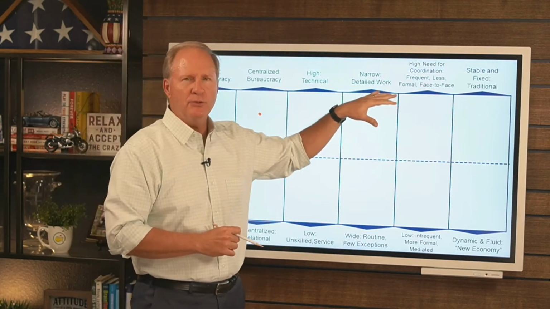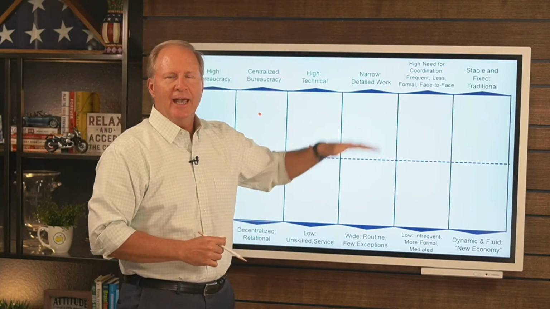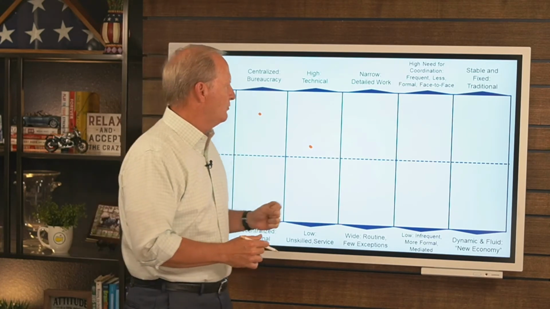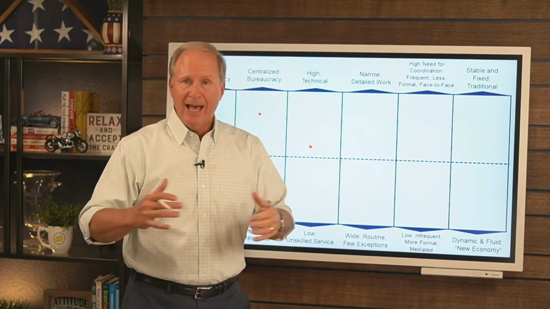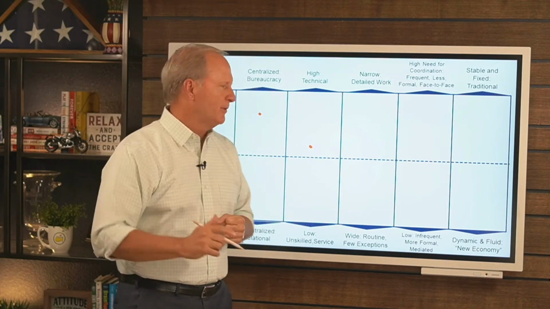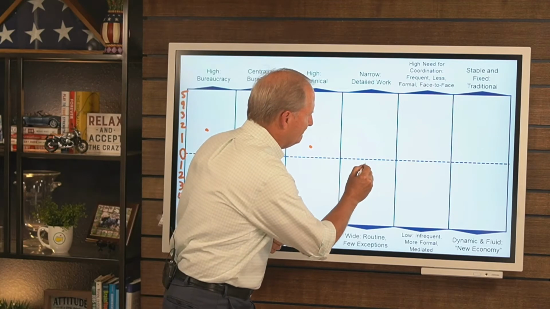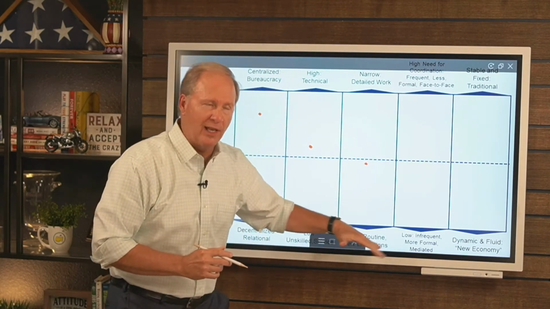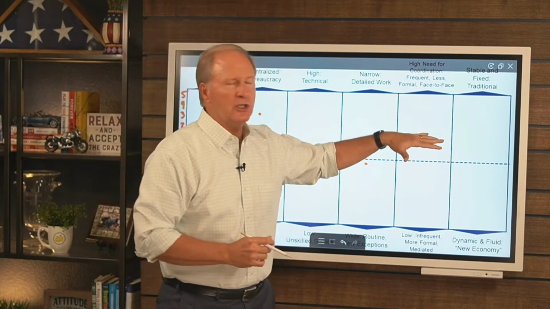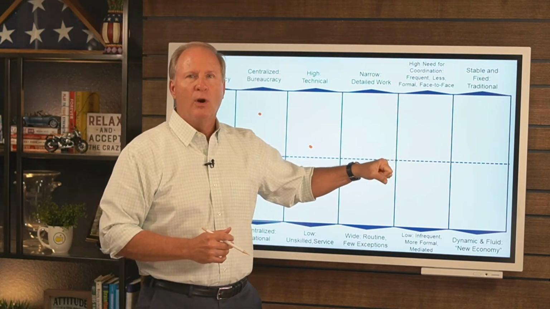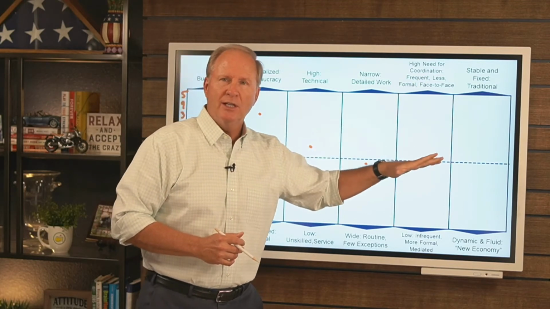Next we look at how the work is put together in terms of span of control. Do managers have a lot of direct reports, or a small number of direct reports? Today, managers have a greater number of direct reports, so it's below the line. Then we come to communication and ask, is the communication we have today more formal or less formal?